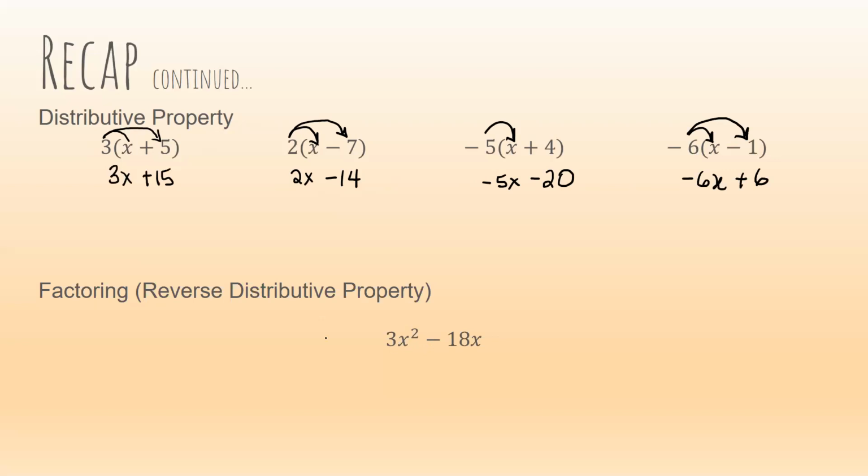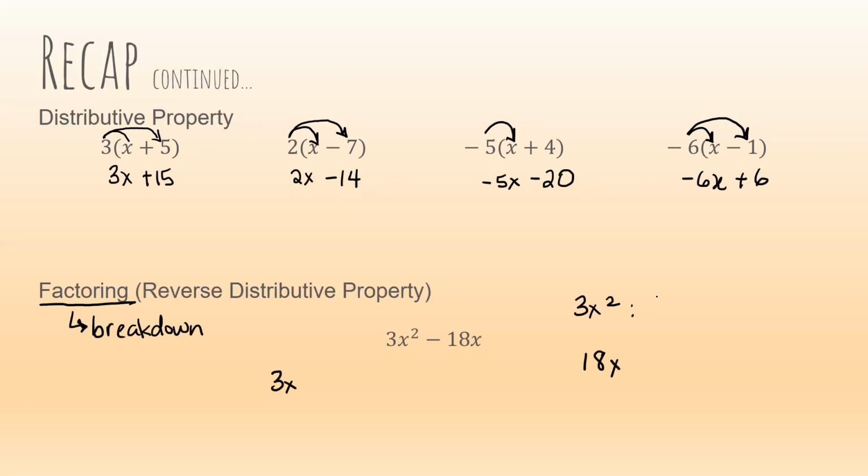Remember, factoring means we want to break it down. Okay, so in this case, our GCF would be a 3x. How do we know that? If we were to break down both of these pieces, I'm going to take the sign in between into consideration after.